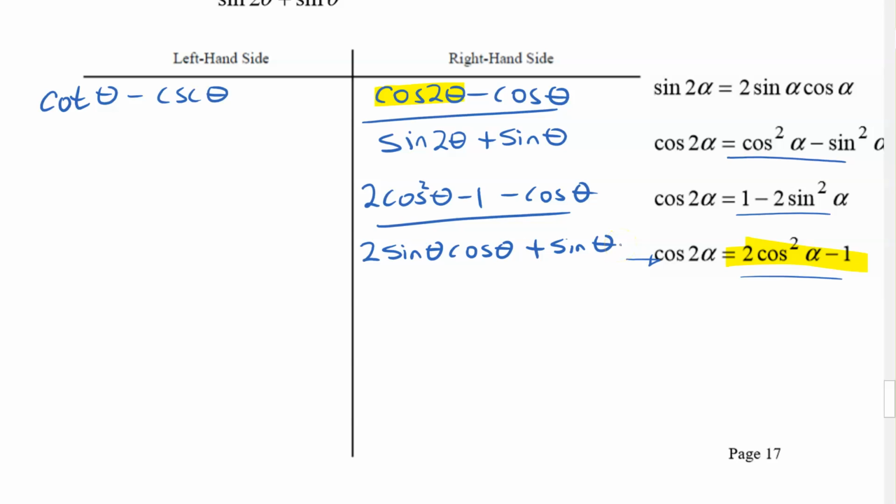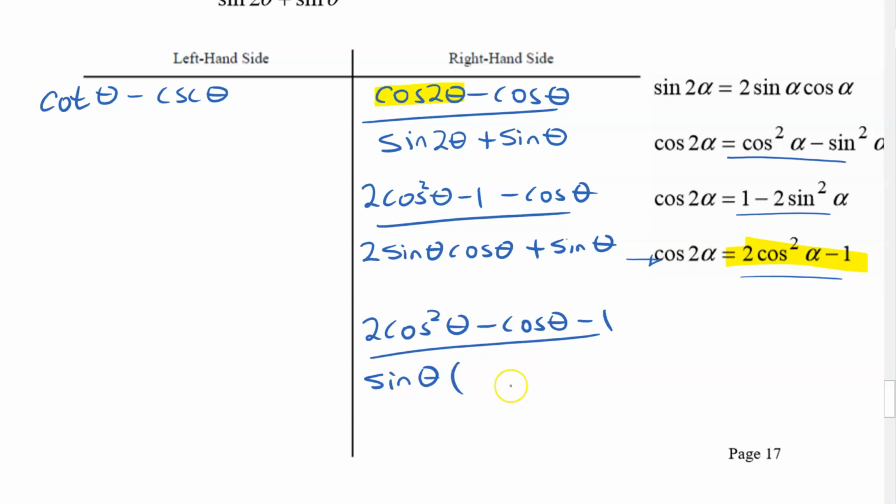All right, so looking at the numerator, the first thing I'm going to do is reorder this so it looks more like a regular quadratic. So I'm going to write 2 cos squared theta minus cos theta minus 1, all over. And I can do some factoring on the denominator. Both terms have a sine theta in common, so I'm going to factor out that sine theta. I'll get 2 cos theta plus 1.